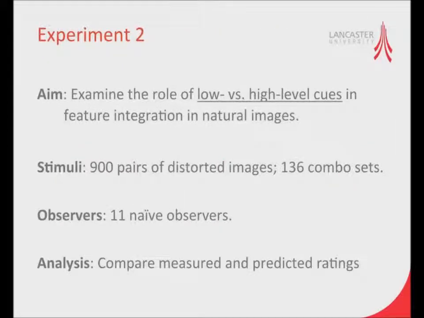So in the second experiment, we noticed that the content of the images mattered. If you have a smiley face versus a slightly frowny face, observers tend to rate it quite high, whereas if you have a shadow disappearing, they might rate it quite low because the difference doesn't really matter. So in the second experiment, we wanted to eliminate the high-level information and just look at how the low-level cues combine.